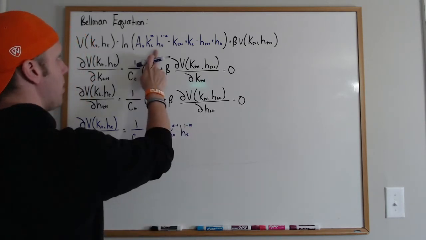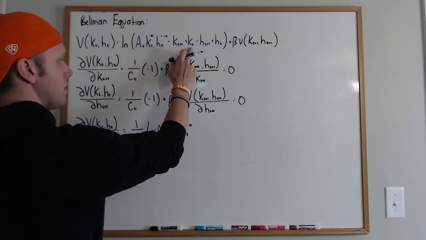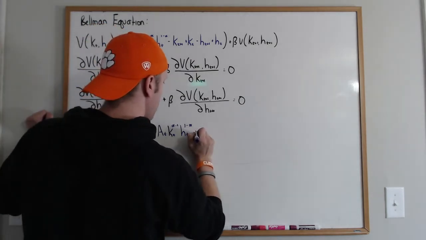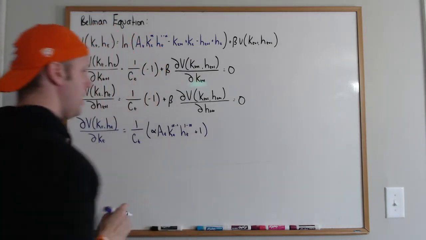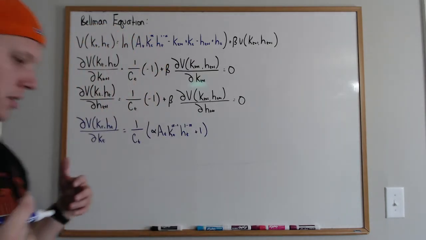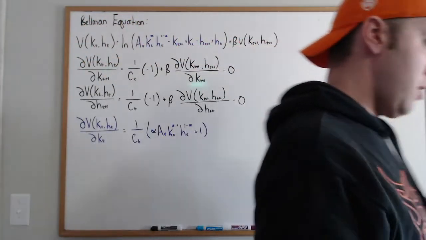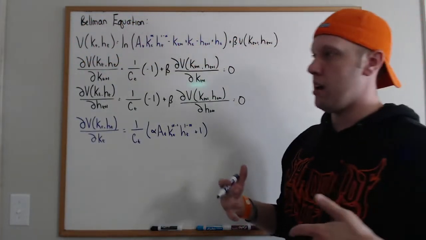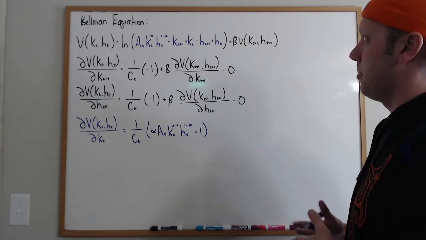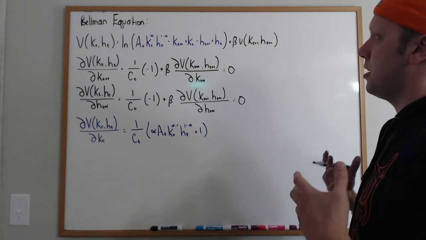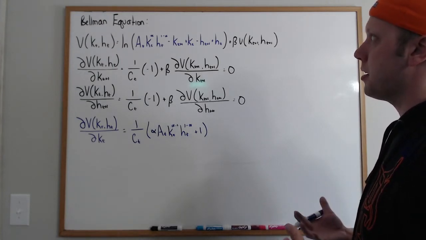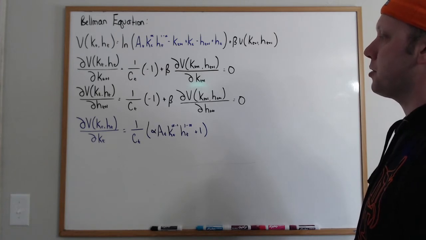So we got that part done. There's another k_t that shows up. It's going to be plus 1. Now in the last model, we added not just 1, but 1 minus delta, but that was assuming there was depreciation. Here, there is no depreciation of physical capital.